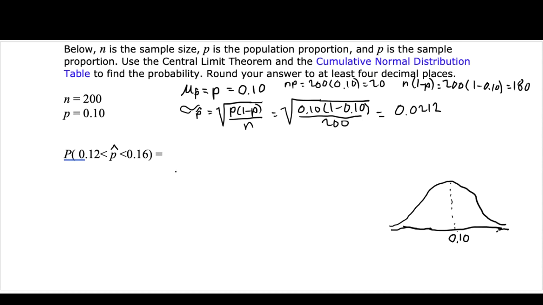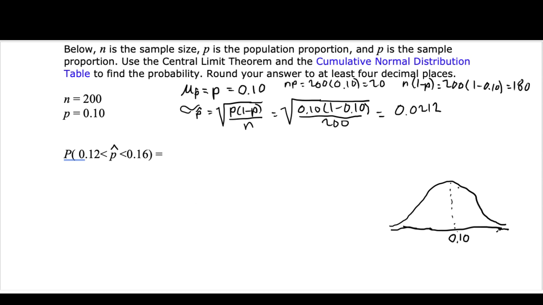Based off of the fact that I want to find the probability that the sample proportion falls between 0.12 and 0.16, remember that a probability can also be interpreted as the area under a curve, and this distribution is the sampling distribution, so it represents the distribution of all the possible sample proportions based off of samples of size 200.